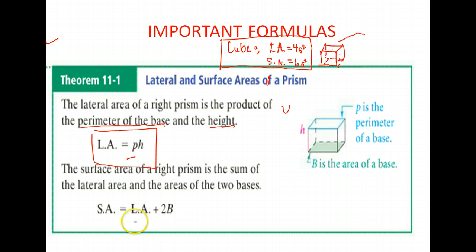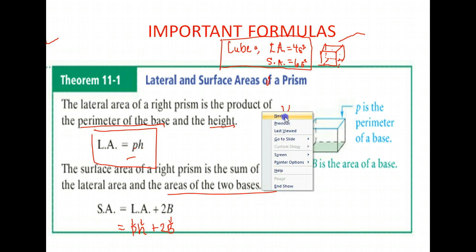The surface area is equal to the lateral area, which you may want to put instead as P times H, plus 2 times capital B. And you want to write down that P means the perimeter of the base, H means the height, and capital B is the area of the base. You want to have those down.